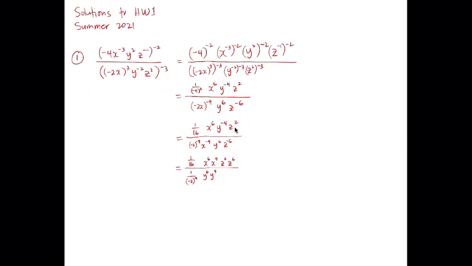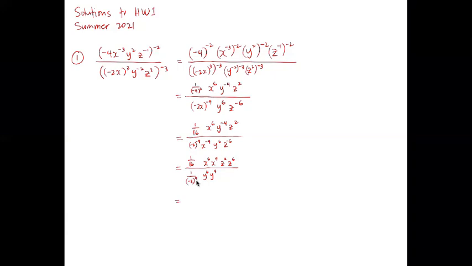And then we just simplify this. This guy here, if we bring this to the numerator, we'll get the reciprocal. If we bring 1 over 16 on the denominator, we also get the reciprocal.